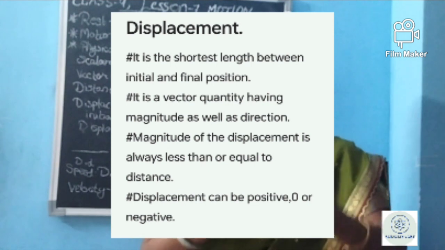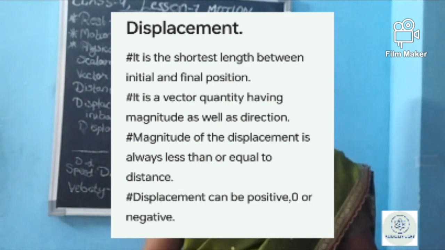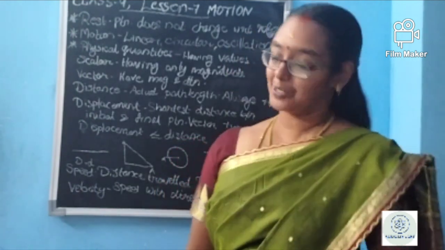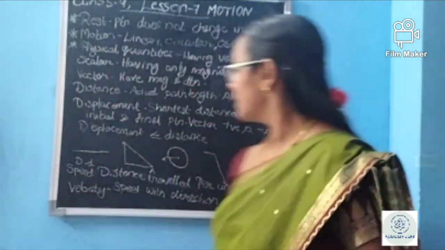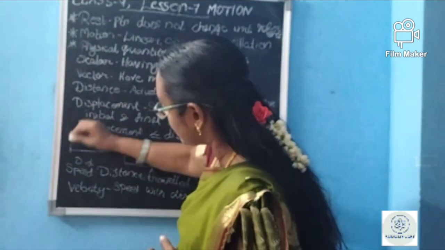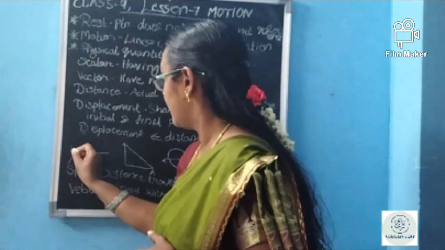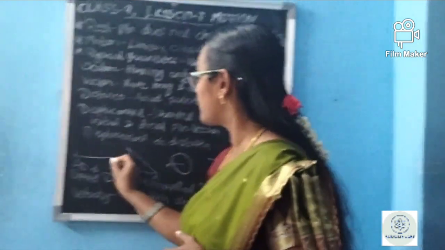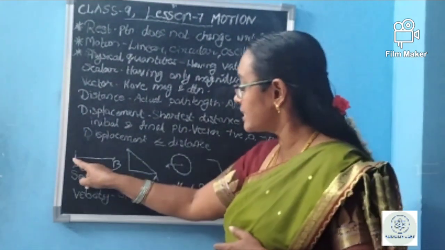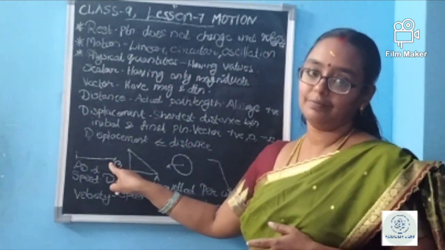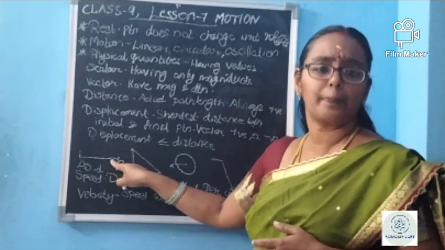When you are teaching me in this way, it is not easy for us to understand. You may be having such a feeling. I am here to explain to you. Okay. Seema, the child starts from this point. Is it clear for you? Can you see here? Starts from A and reaches position B. Here, distance is A to B, and the displacement is also A to B. There is no other pathway.